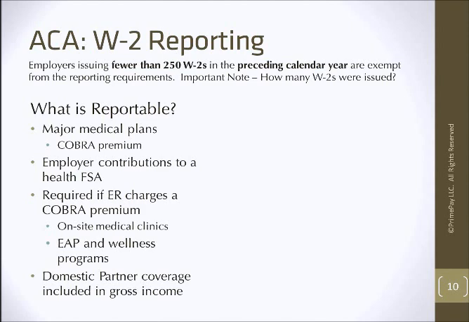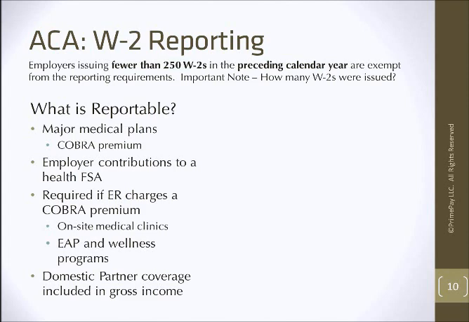The transitional relief states that employers issuing fewer than 250 W-2s in the preceding calendar year are exempt from the reporting requirements. So I put an important note here: how many W-2s were issued. One thing that I always want you to keep in mind is that it does not have anything to do with benefit eligible employees, which is what you might see on a daily basis from that employer.